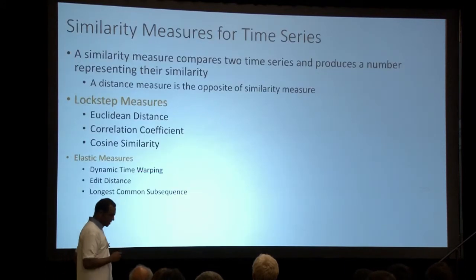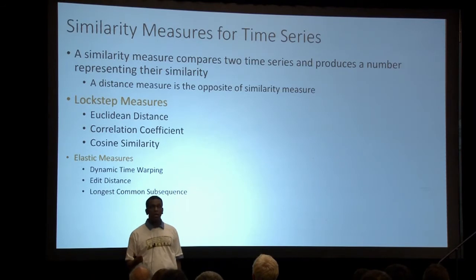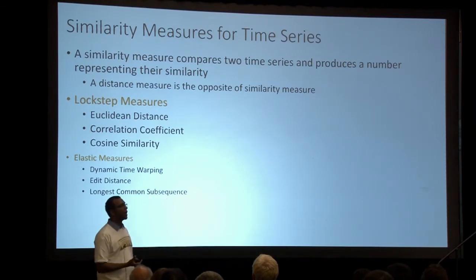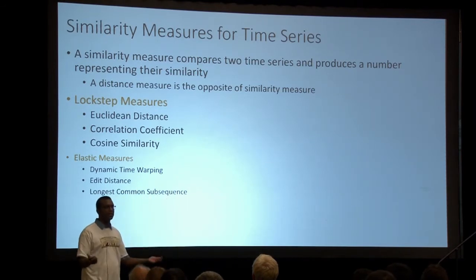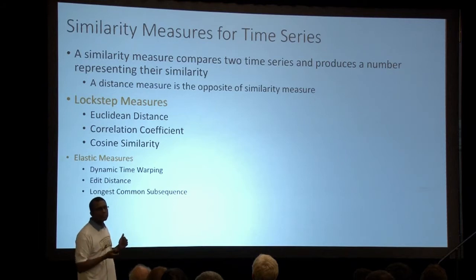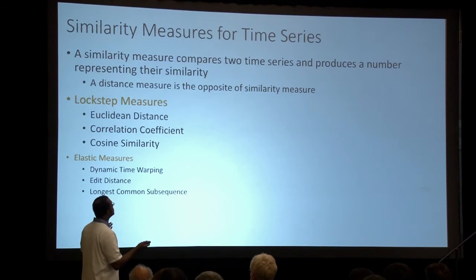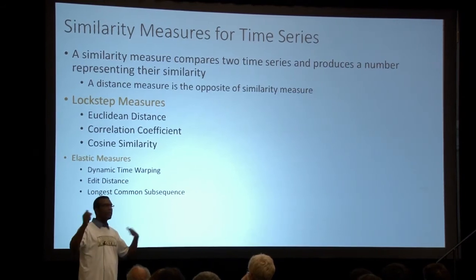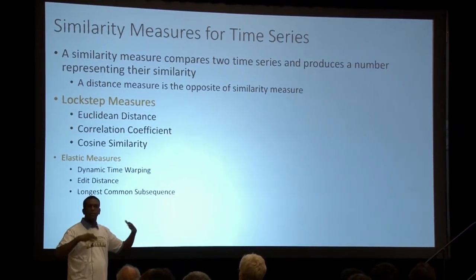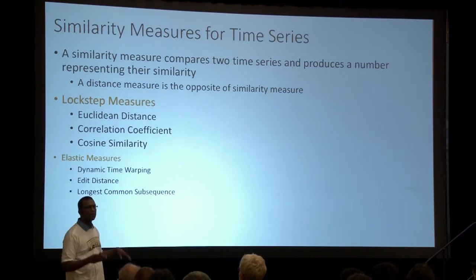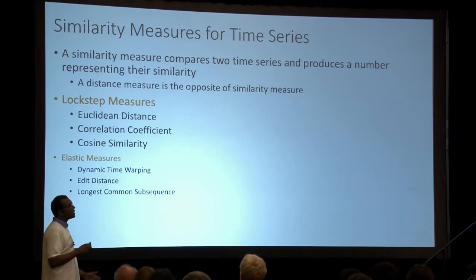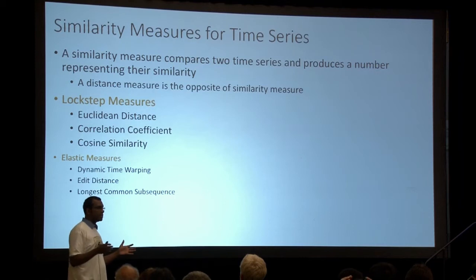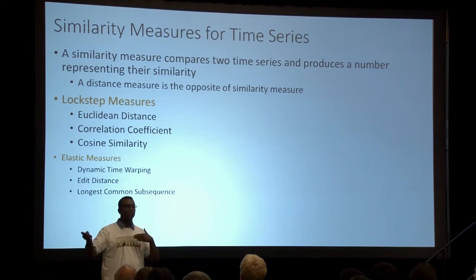Then the question that comes is, given two time series, how do we calculate the similarity between them? There are many ways, and we will be using similarity measure and distance measure in a synonymous way because they can be converted from one to another. Largely, if you categorize the similarity measures, there are two types.